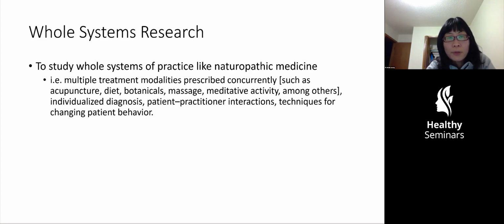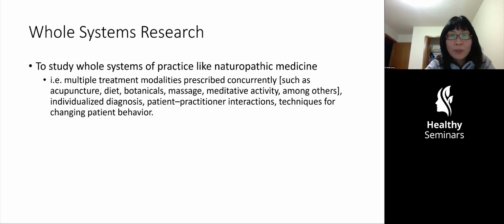And so those treatments are individualized. Two patients may come to the clinic complaining of arthritis, and chances are those two patients will not be receiving the exact same treatment when they leave that clinic, right?